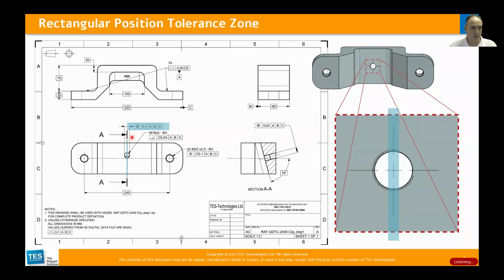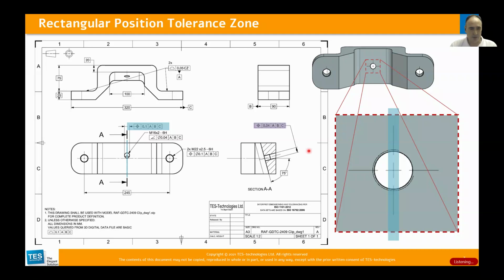This concept is also shared with ISO GPS and the American Standard ASME. So the tolerance zone is two parallel planes, with a 0.1 offset symmetrical to the theoretical location, as we can see more clearly in the detailed view.